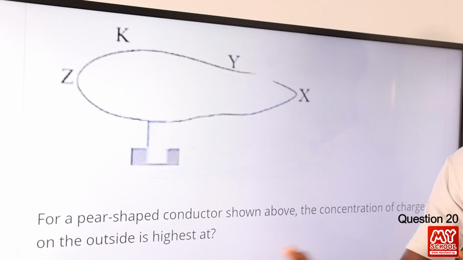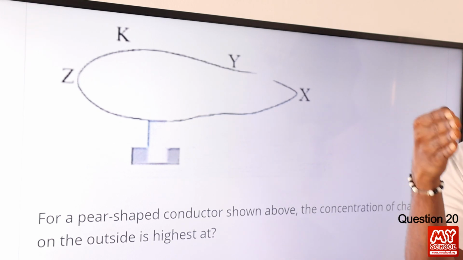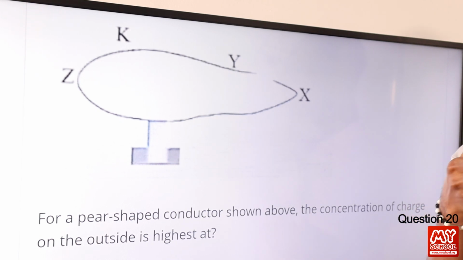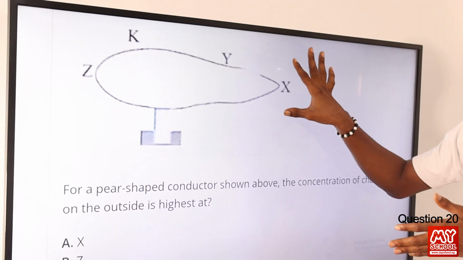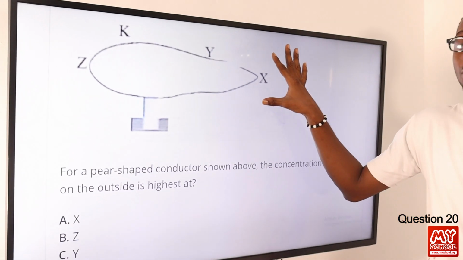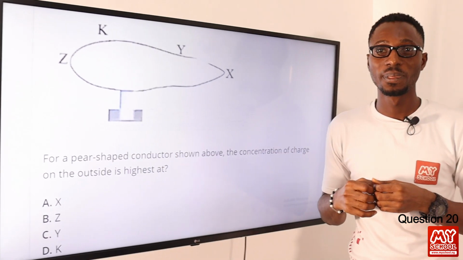So right here we have a pear shape. Where is the charge concentrated? It will be concentrated where it is sharply curved. From my demonstration, we have it at point X. So we have the highest concentration right here. The correct option is option A.